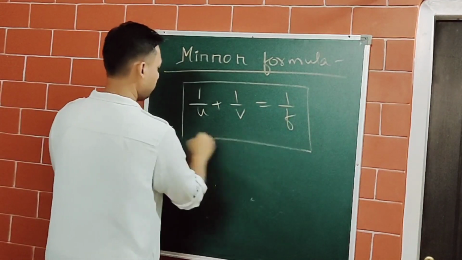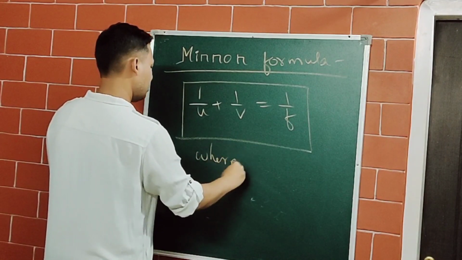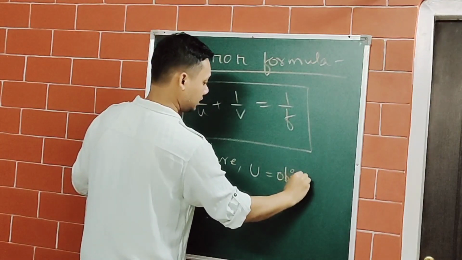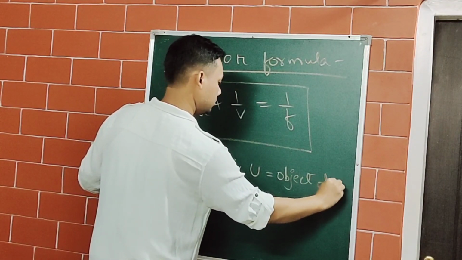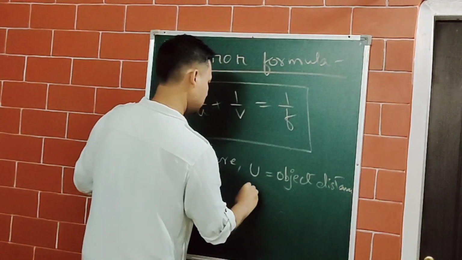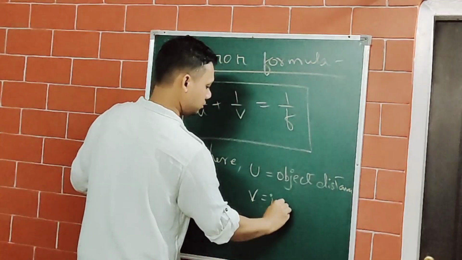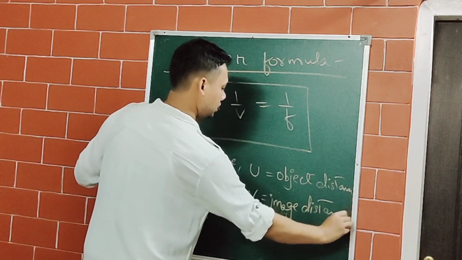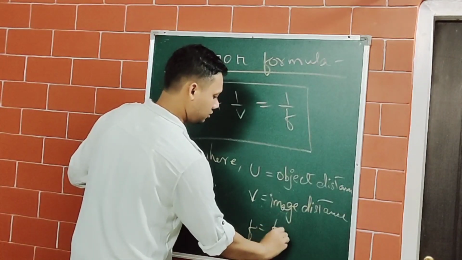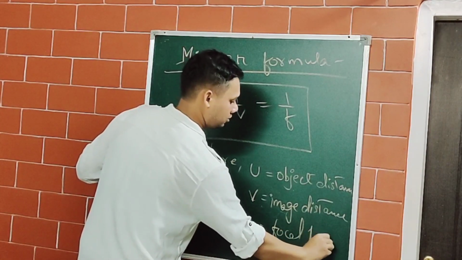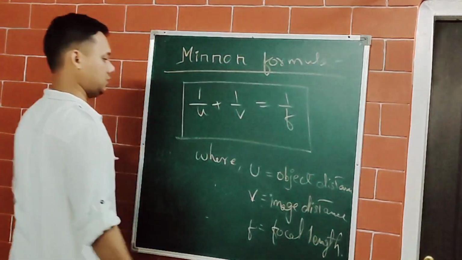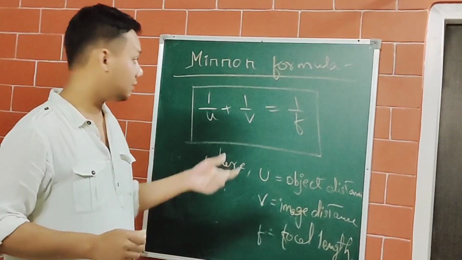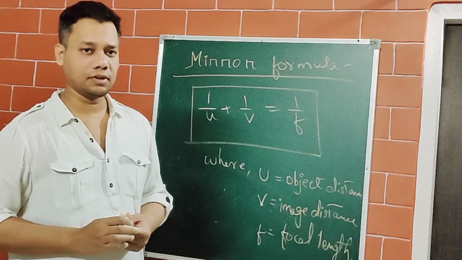This formula is called mirror formula, where u is the object distance, v is the image distance, and f is the focal length. After mirror formula we will see the magnification formula.